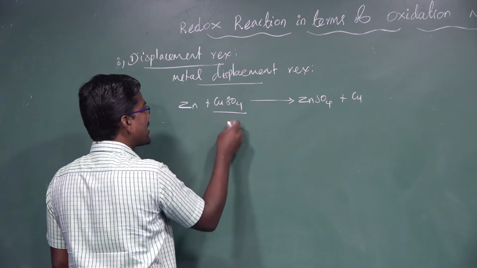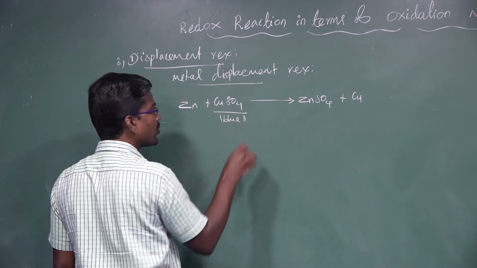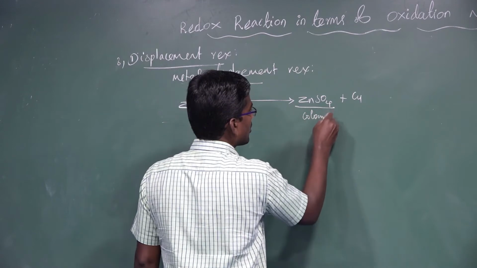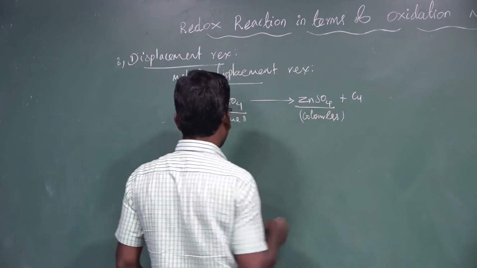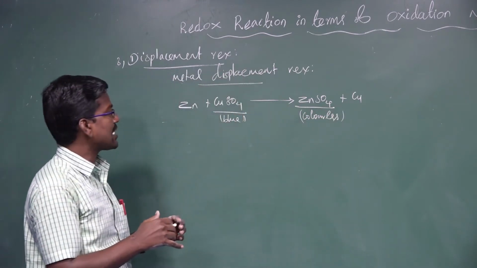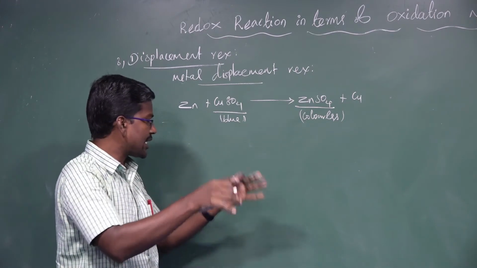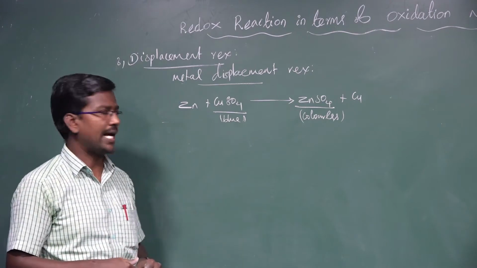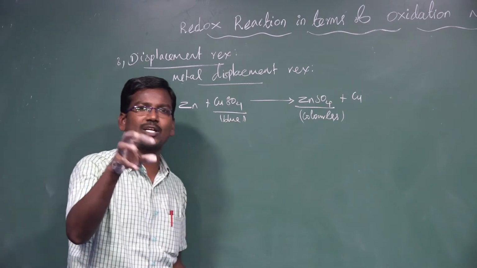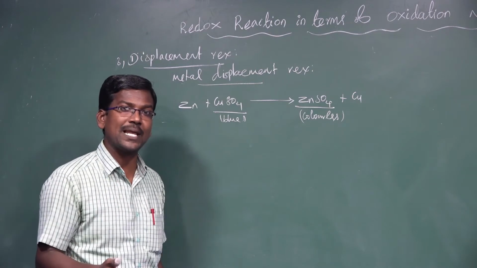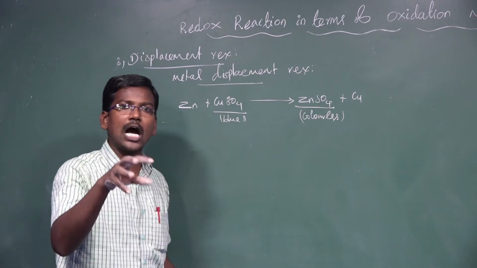The color of copper sulfate is blue; the color of zinc sulfate is colorless. So the blue copper sulfate solution changes into colorless when the zinc rod is dipped in it. Here, zinc is a more reactive metal, so it easily displaces the copper from the copper sulfate solution.